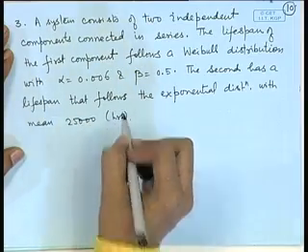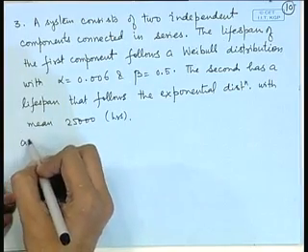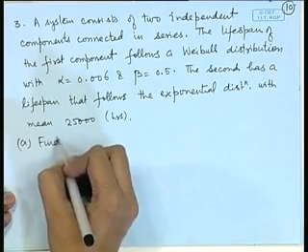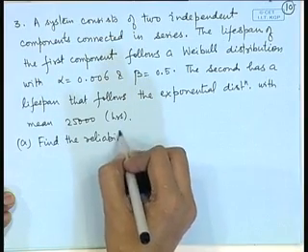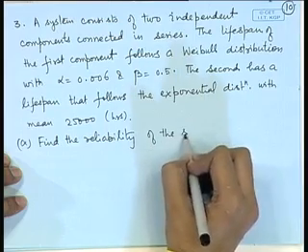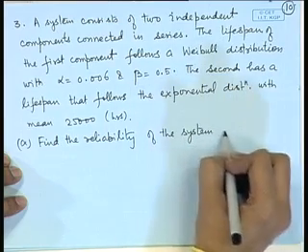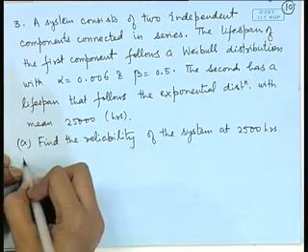The unit is hours. Find the reliability of the system at 2500 hours.